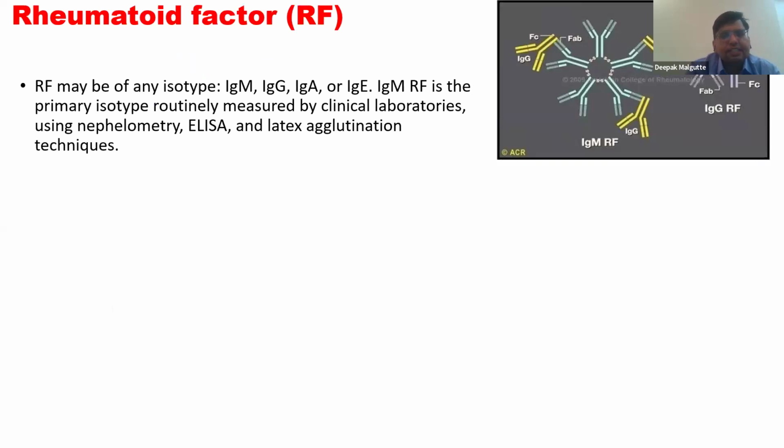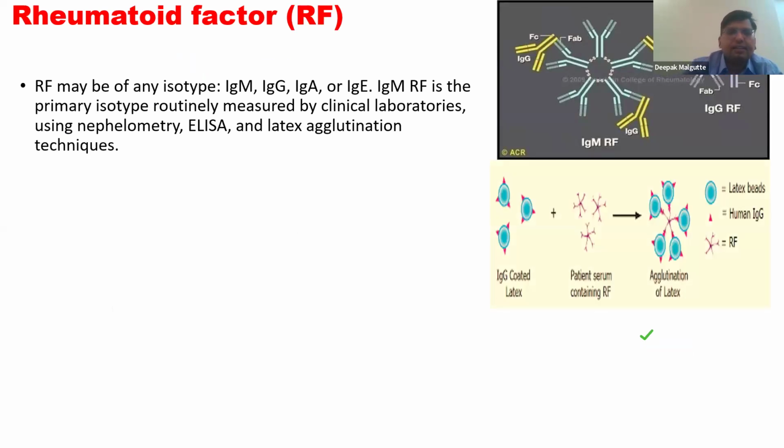Now, the various investigations that we do for diagnosing rheumatoid arthritis, first is rheumatoid factor. What exactly is a rheumatoid factor? It is an autoantibody directed against the Fc portion of IgG. Most commonly we identify IgM, but sometimes it can be IgG, IgA, or IgE.